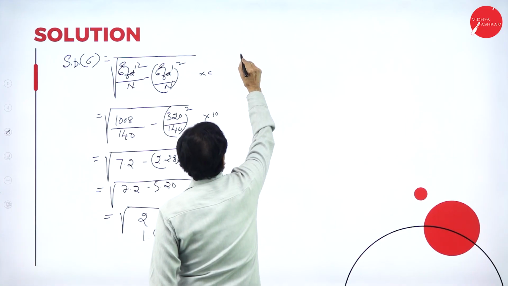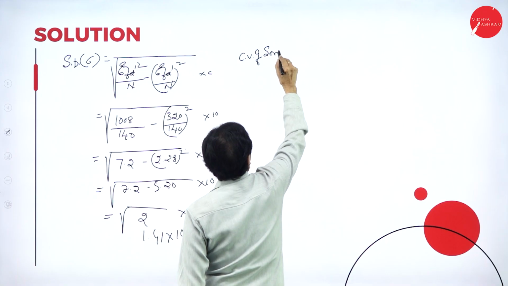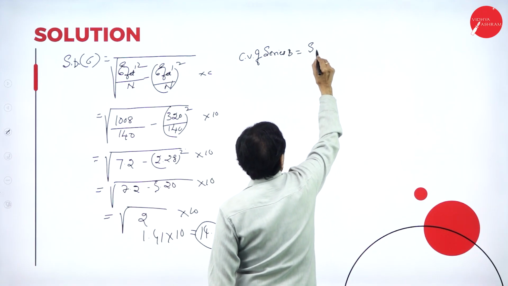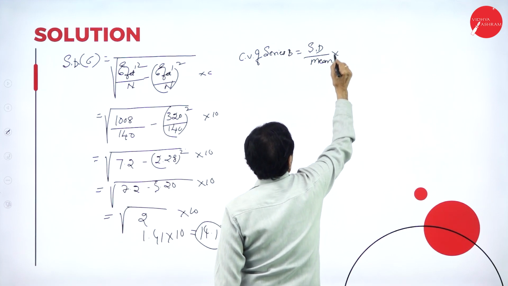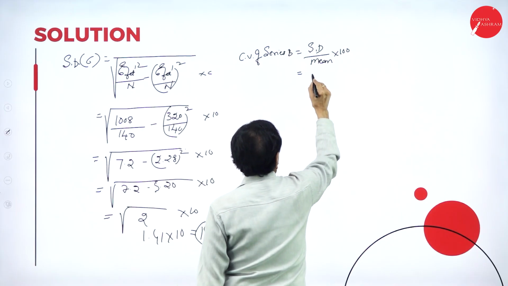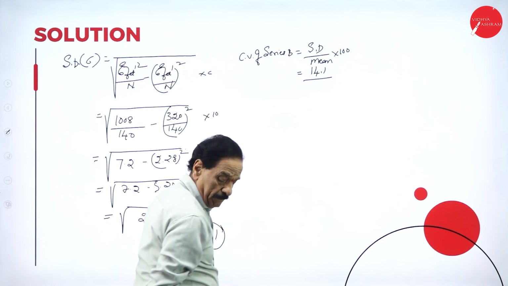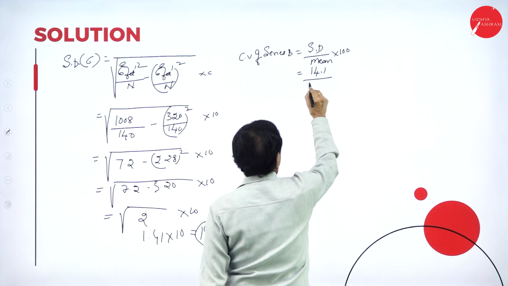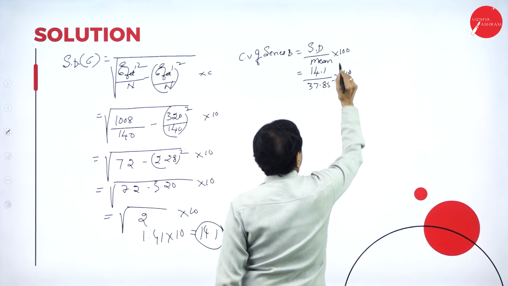CV of series B is equal to standard deviation divided by mean into 100. What is standard deviation? 14.1 divided by your mean, 37.85, into 100.